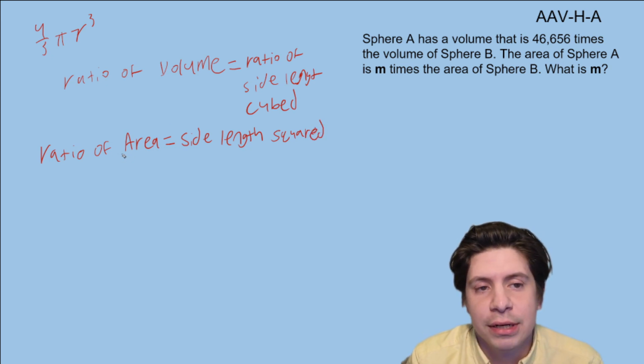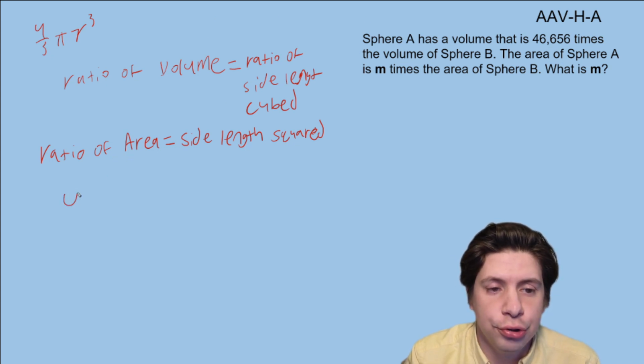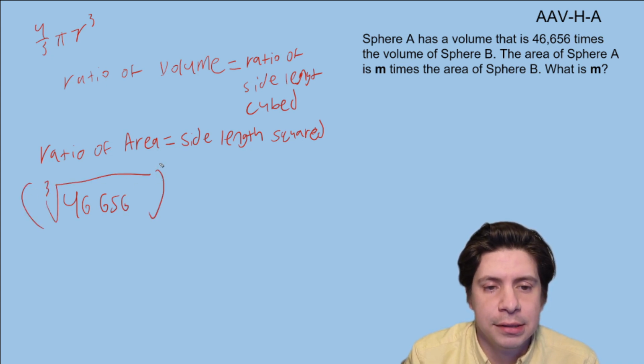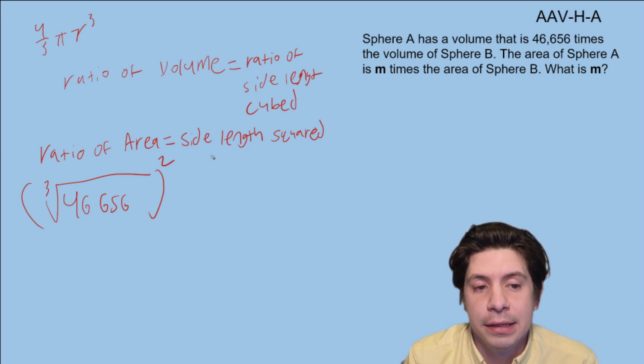So for this one, we're going to take 46,656 and cube root it to find the side length ratio. And then we're going to square it to find the ratio of areas.